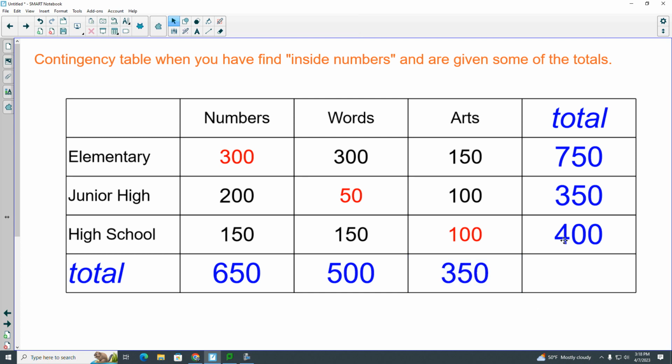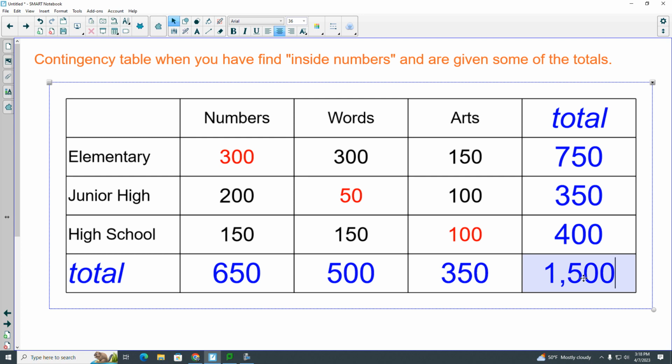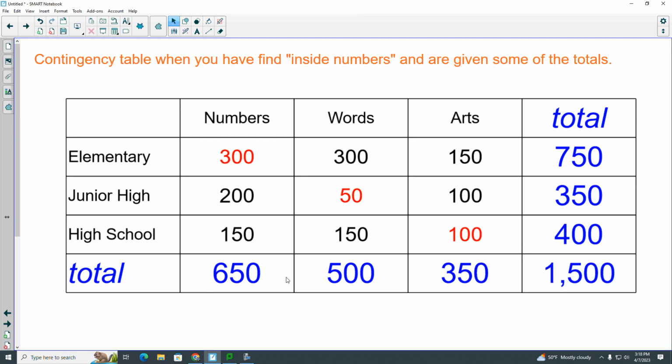Then if I want to do totals, again, I can do these either way. 700 plus 300 is 1,000, 1,400, 1,500. Or I could have done 650 plus 500 is 1,150 plus 350 is 1,500 again. So either way, I can get to that 1,500.